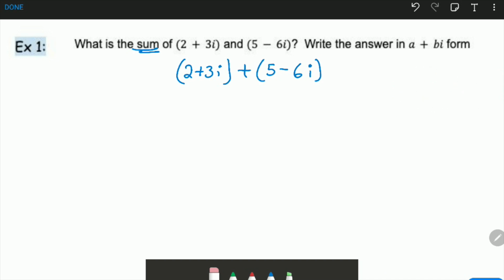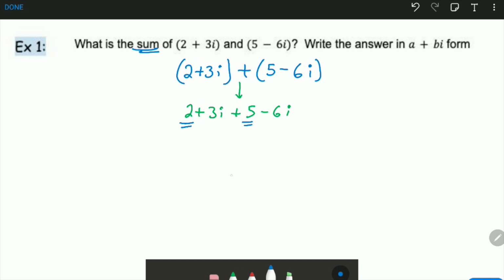So once we have that, because it's addition between the parentheses, nothing's connected to the parentheses here by multiplication, and therefore the parentheses aren't actually serving a purpose. So you can either ignore them or just rewrite the problem without the parentheses. And then just combine like terms like you normally would.